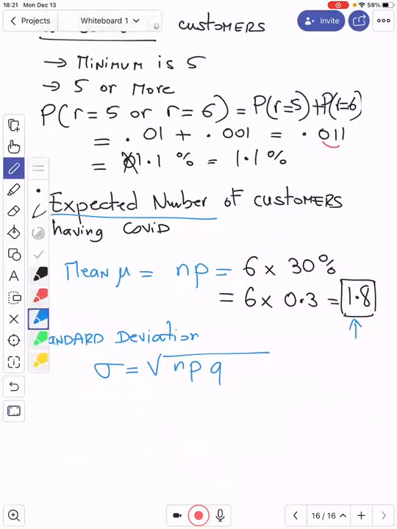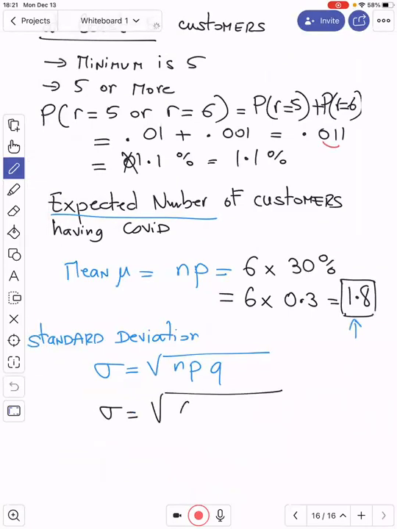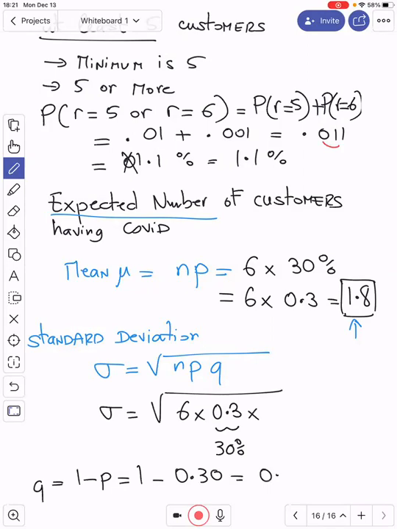So it's the square root of n, which is 6, times the 30%, or 0.3, times the q. The q is 1 minus p, the probability of failure. So it's 1 minus 30%, and as I said, 30% is 0.30, so that's 0.70.